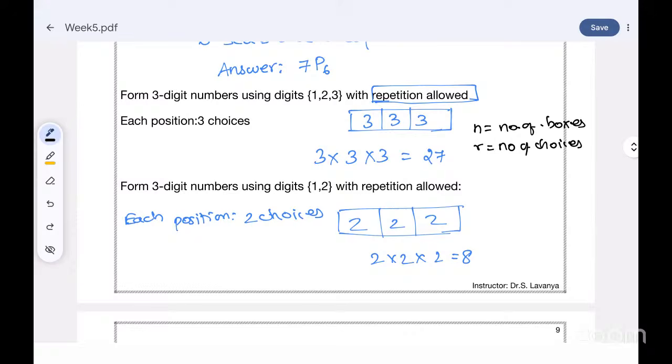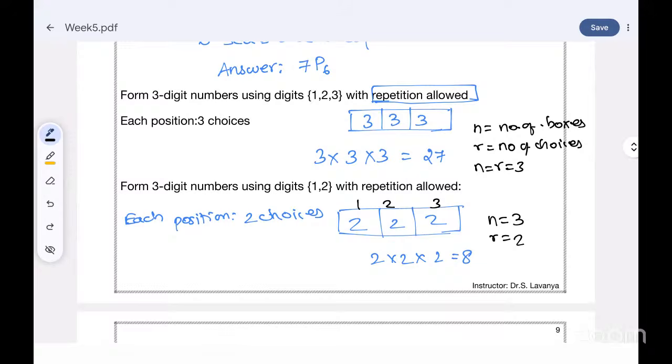Here the number of boxes and the number of choices are both 3. And here, the number of boxes is 3 and the number of choices is 2.